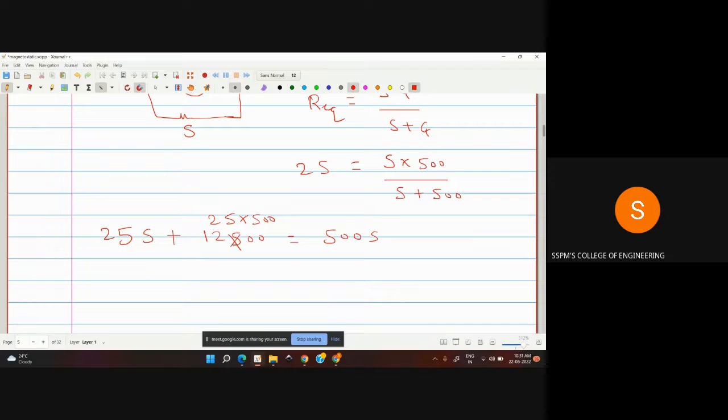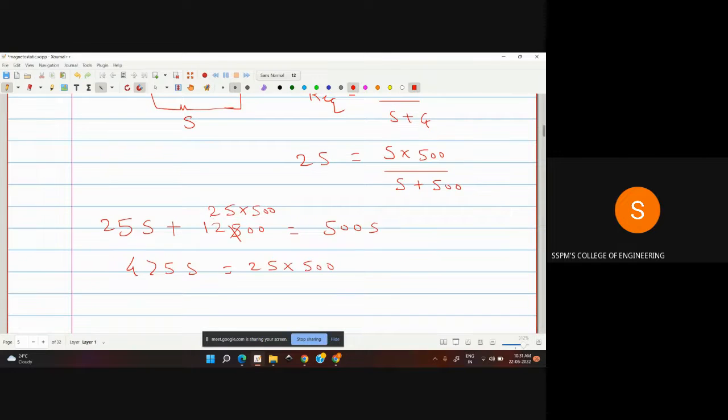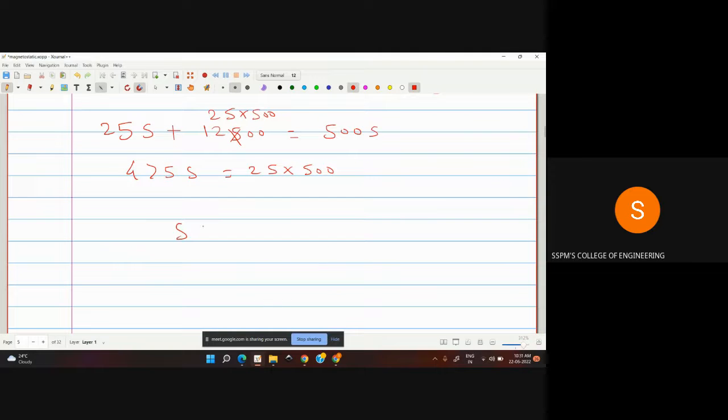Now 500 S minus 25 S is 475 S, is equal to 25 into 500. So what is S? S is equal to 25 into 500 divided by 475.